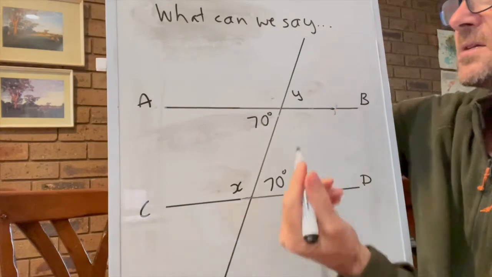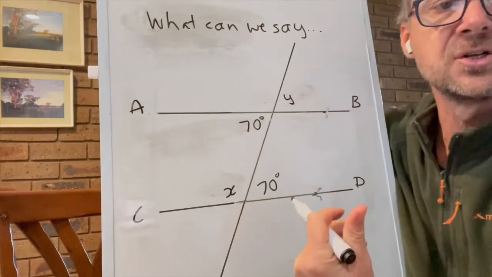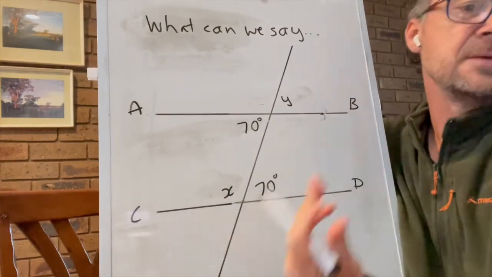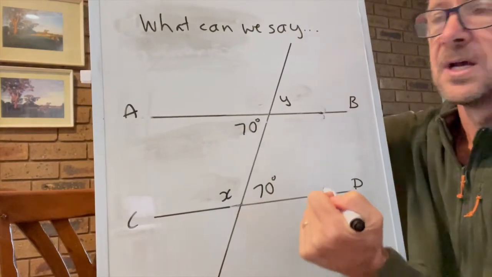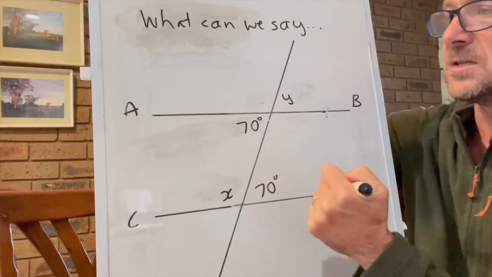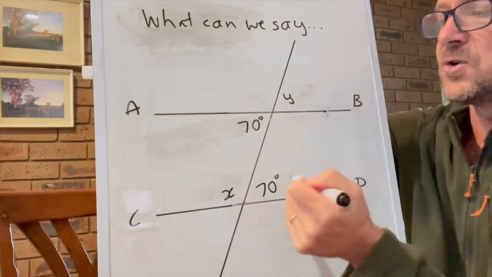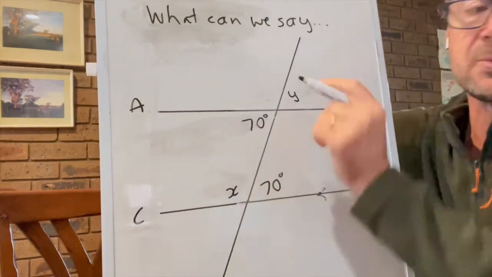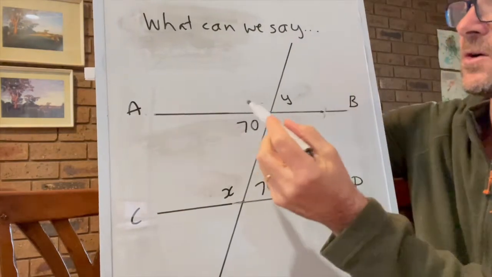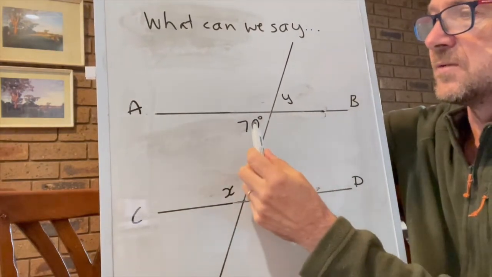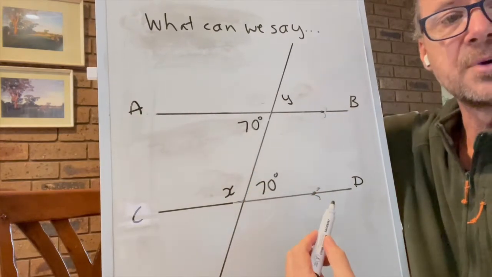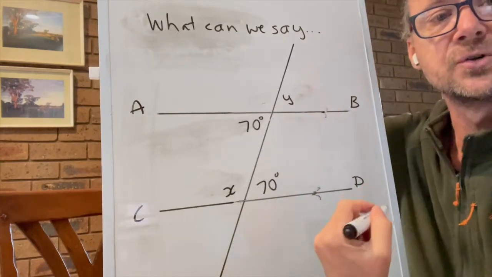But in this particular example, we're not given those little arrowheads. So we have to make some exploration of what information we are given and then make some conclusions based upon that. What we can say in this question is that the transversal cutting the lines AB and CD creates the angles of 70 degrees on both sides, and these angles are alternate to each other.